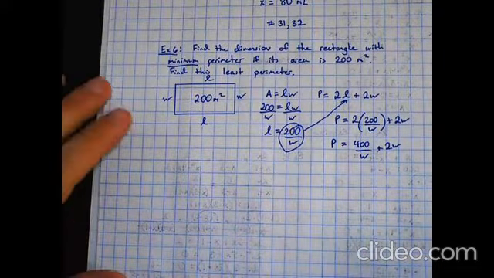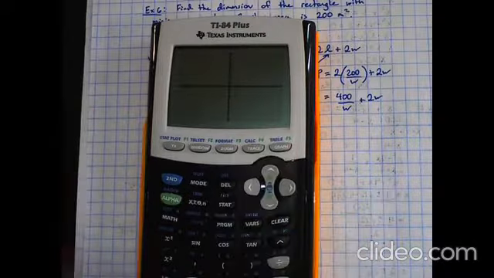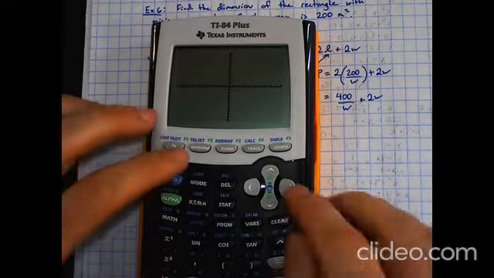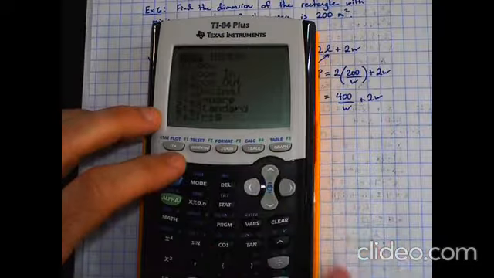And we want to graph this. We want to figure out where its minimum is. So we're going to graph 400 divided by x plus 2x. So we can't see this. We got to zoom out.